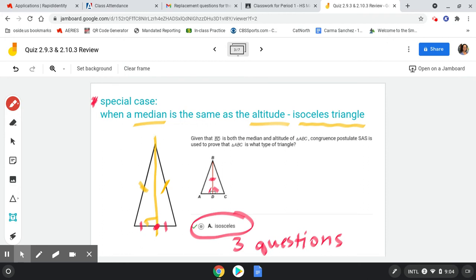And since it's a bisector, since the median is the midpoint, you know that these other sides are also equal. So you basically have a side angle side. Because it's an isosceles, you know that that side angle side applies. We also know that this side is equal in an isosceles. Okay, so there's going to be 3 questions on the 2.9 quiz about this special case when the median is the same as the altitude.